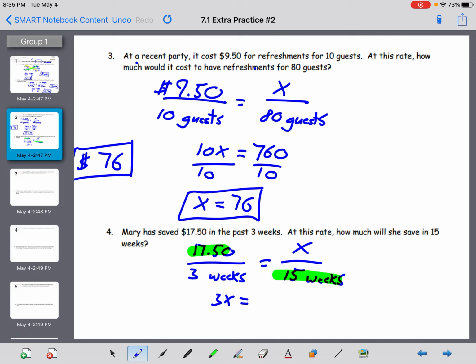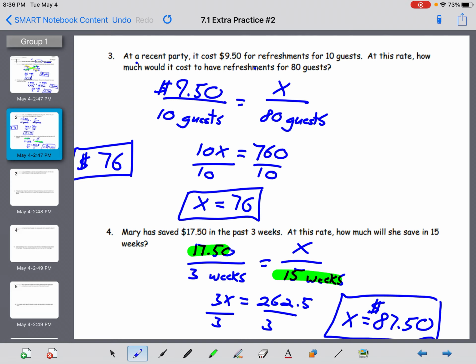So if you type that into your calculator, 1750 times 15 is 262.5. Divide both sides by 3, and x equals 8750. Okay.